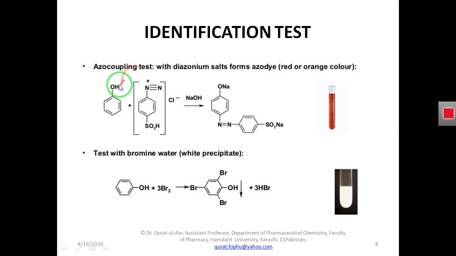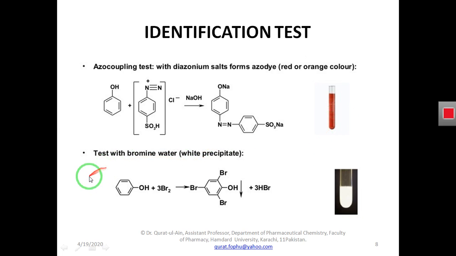In the azo coupling test, a sample containing phenols is reacted with a diazonium salt. This reaction produces an azo dye that has a red or orange color.